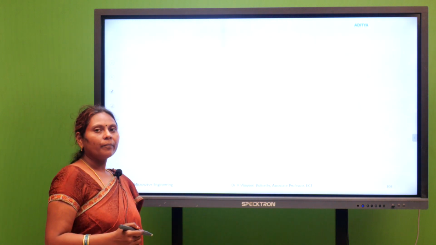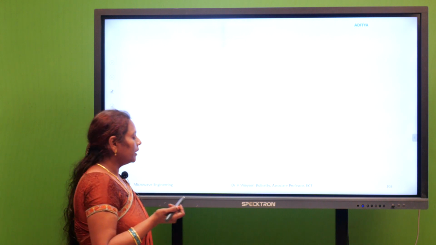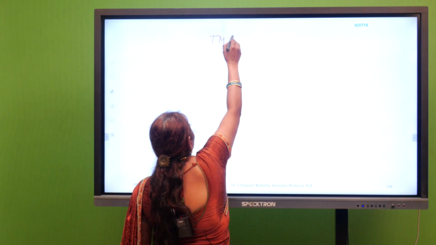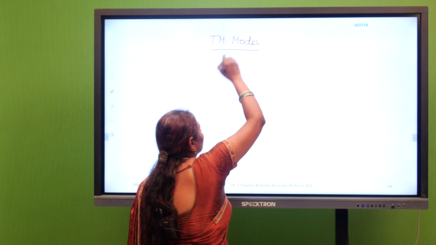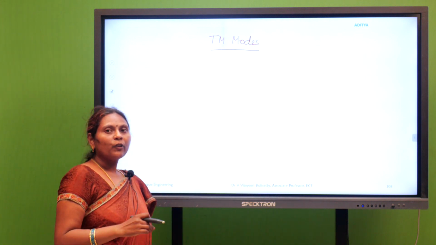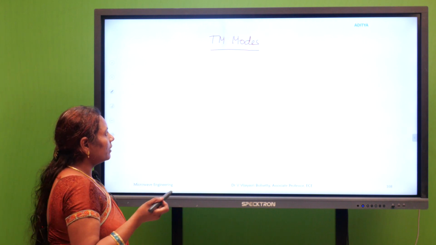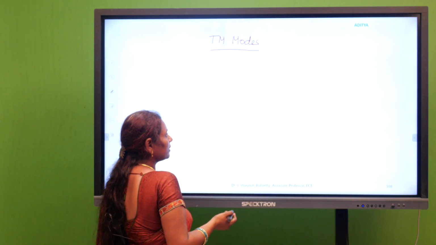So, now let us see the field cross section for the TM modes. If you see the TM modes, we need the magnetic field, that means how the magnetic field is distributed.